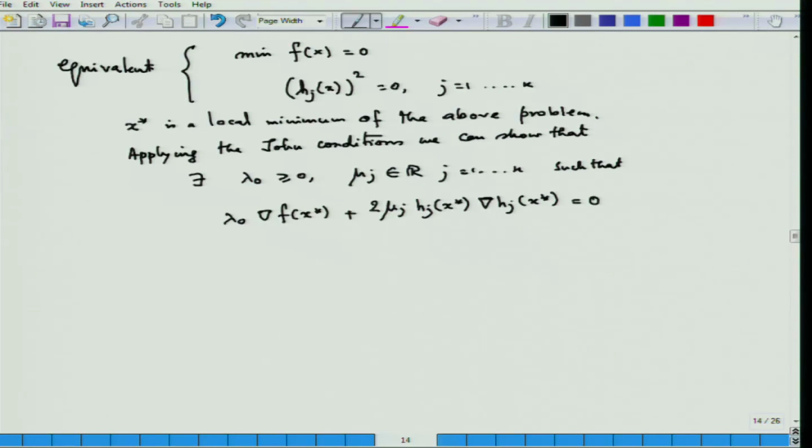Now you see, since H j of x star is equal to 0, choose mu j element of R and mu j not equal to 0 and set lambda naught equal to 0.